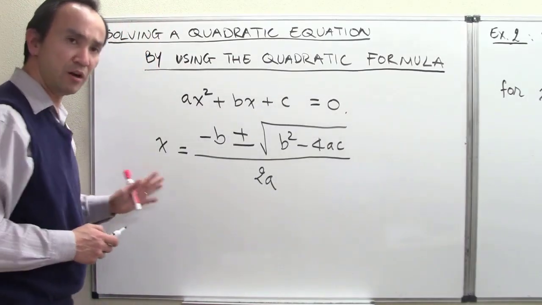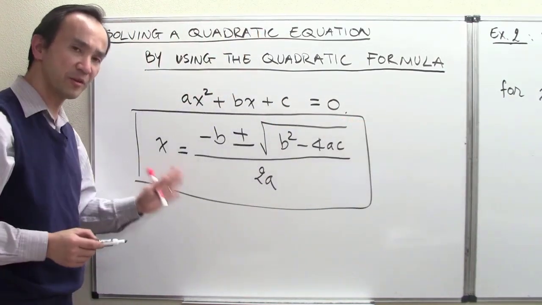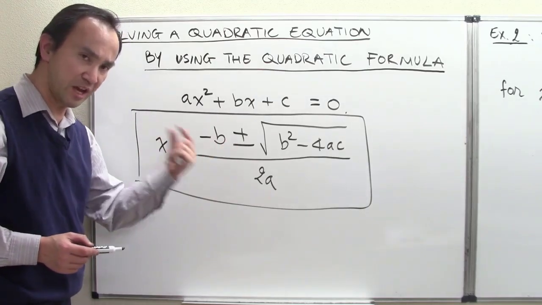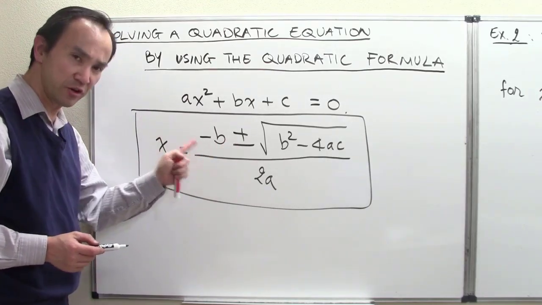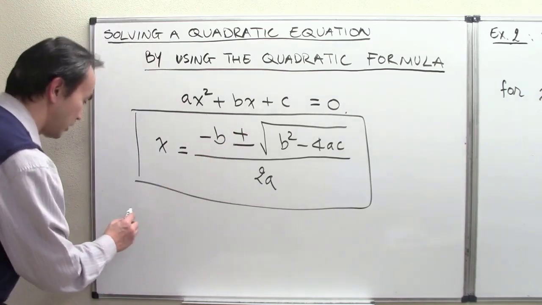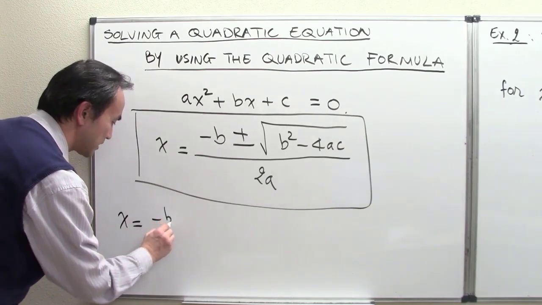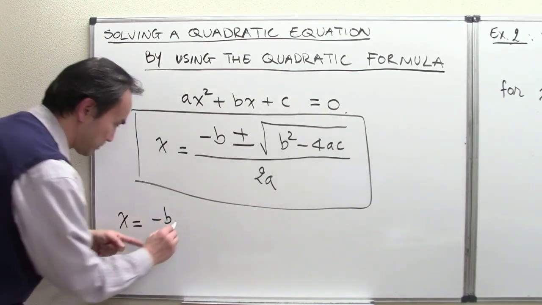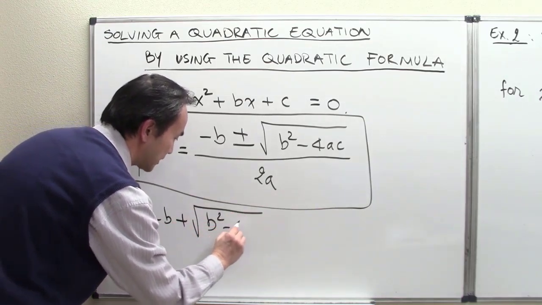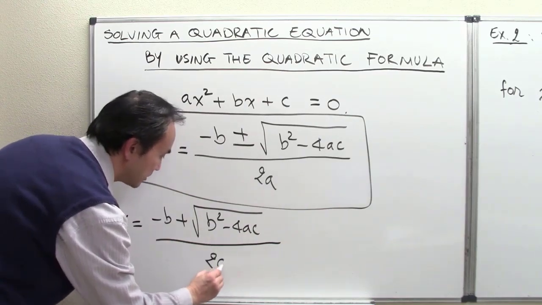And so that's how we used our quadratic formula. This formula here is famously called the quadratic formula. But I would like to re-emphasize one more thing: this formula truly means two separate little formulas. On one hand, you have one solution obtained as minus b plus the square root of b squared minus 4ac, all over 2a.